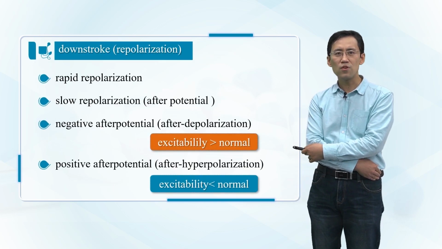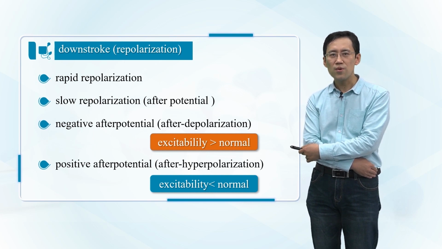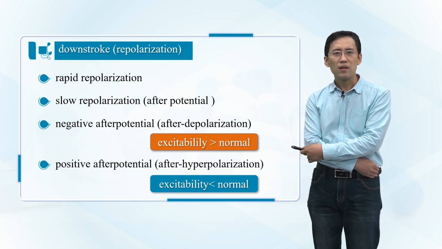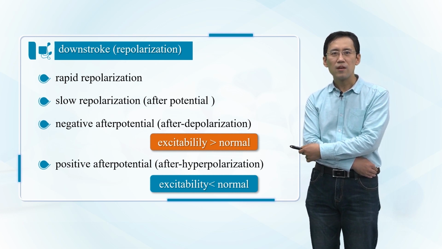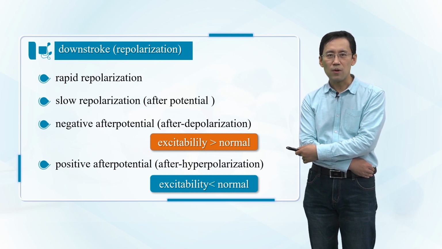After the upstroke, there's a downstroke. The cell needs repolarization. We know it's reversible. There's a rapid repolarization and a slow repolarization of the potential.